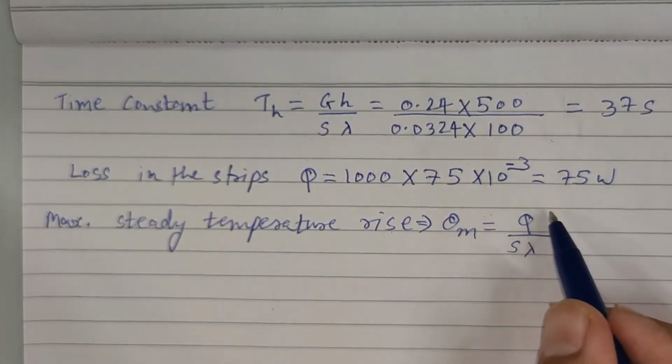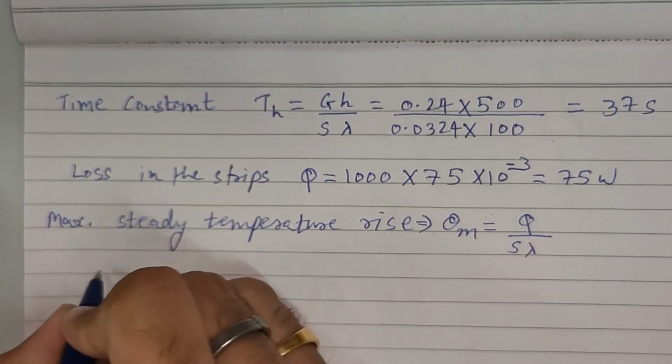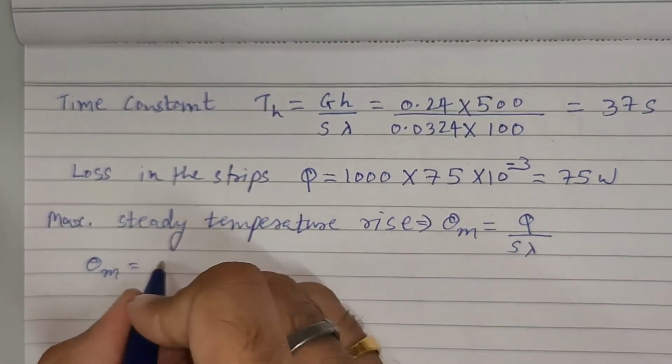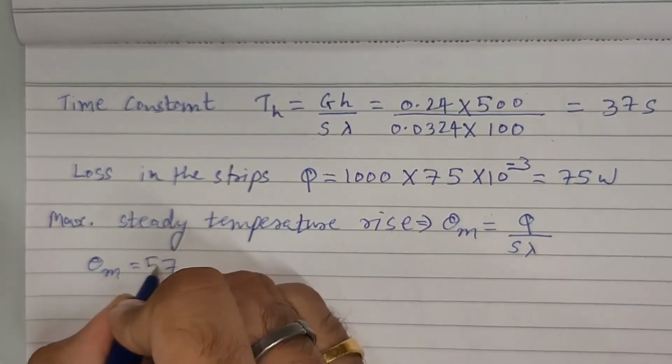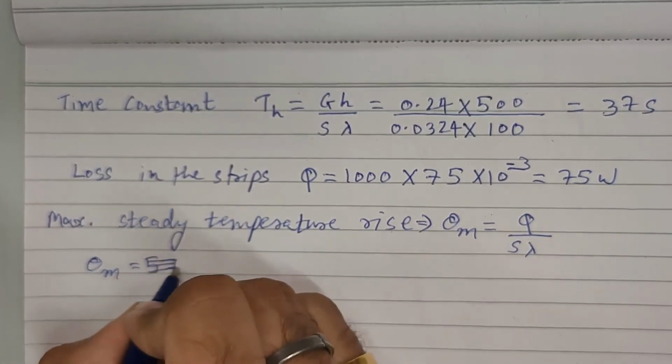Now you know the value of all the three variables, so the value of theta m would be capital Q is, sorry, it is 75.